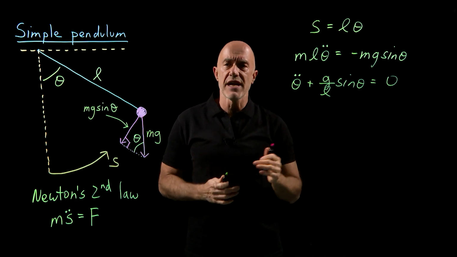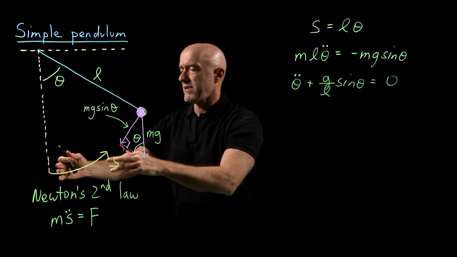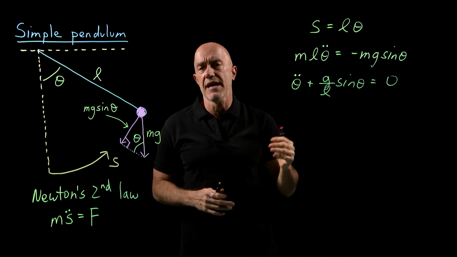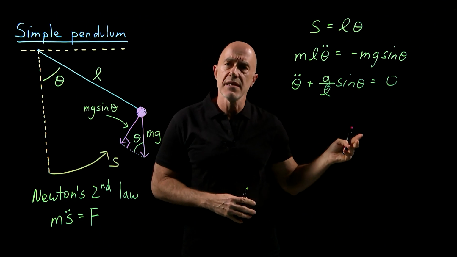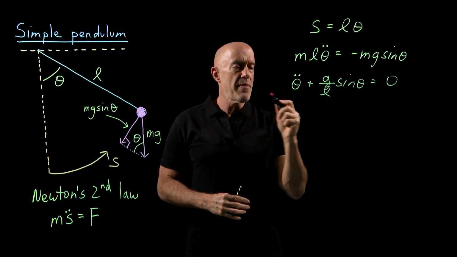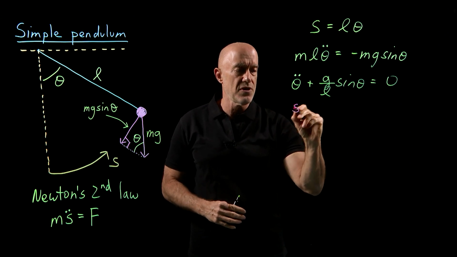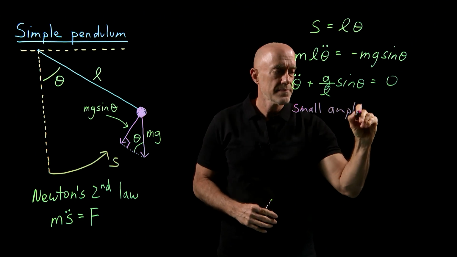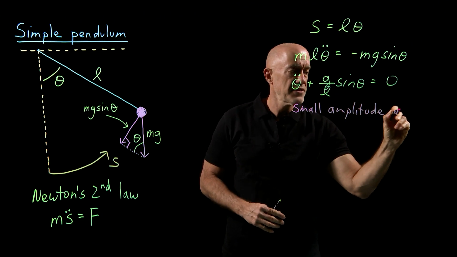To make this more general, we can consider what happens at small oscillations. More general meaning that it has more applicability to other problems in physics and engineering. We make what's called the small amplitude approximation.